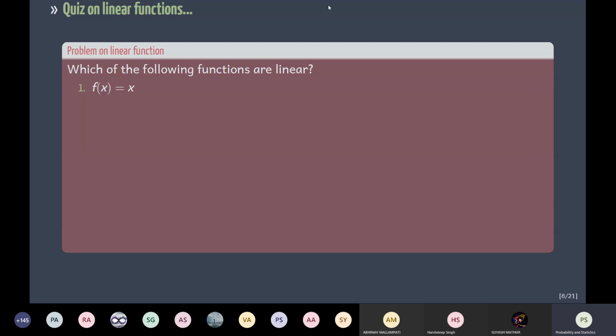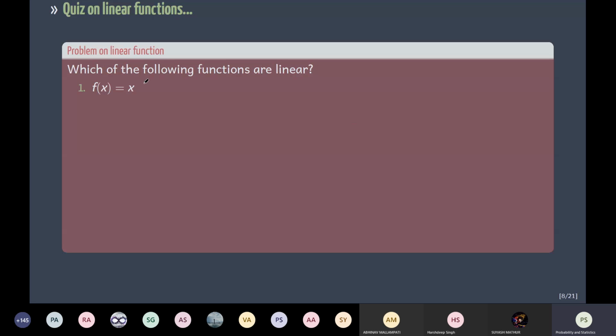So tell me, is this a linear function? Okay, so you try to reply. The chat is hanging somehow, I don't know why.